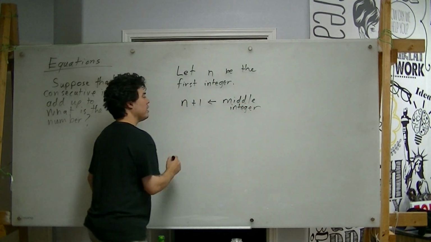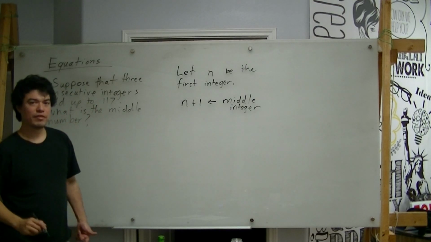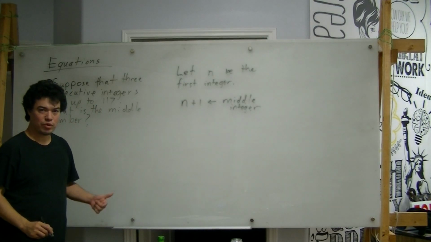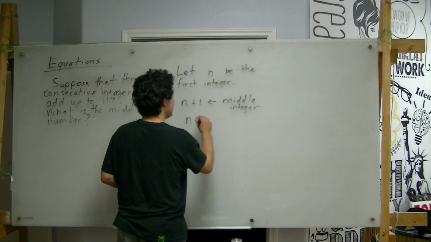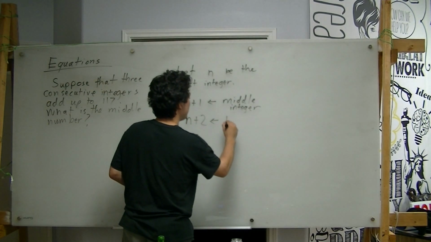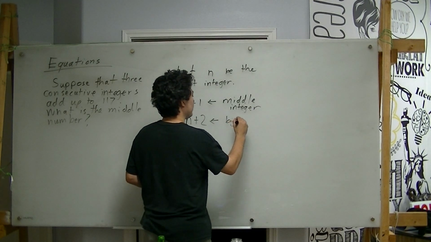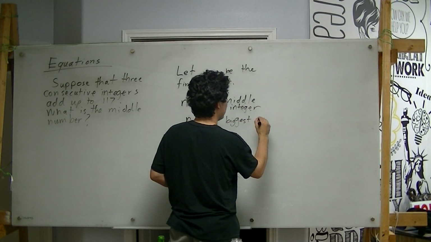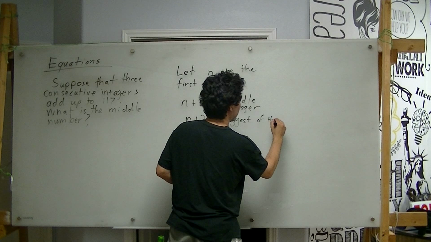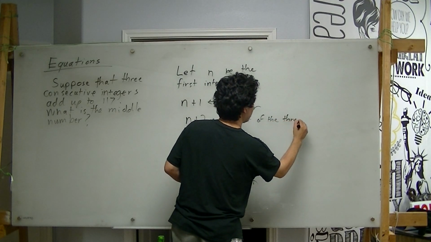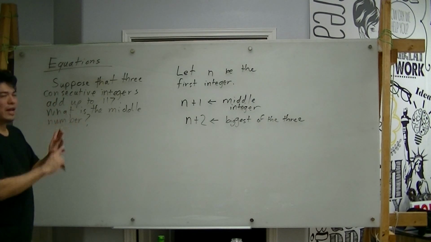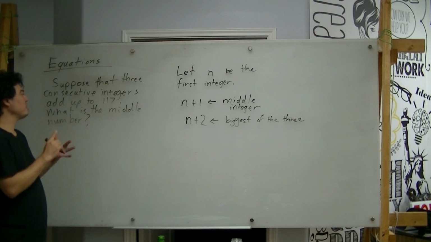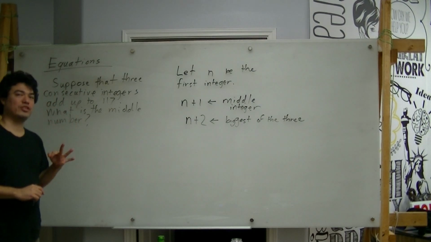And finally, what's the next consecutive integer? n plus 1 plus 1, or in other words, n plus 2. So n plus 2 is the biggest of the 3. And so now we know that n, n plus 1, and n plus 2 are our 3 consecutive integers.